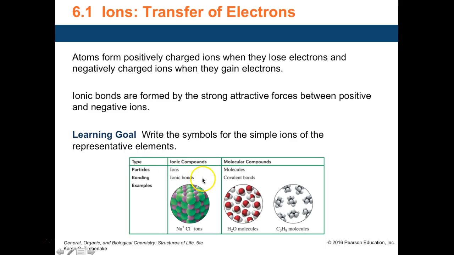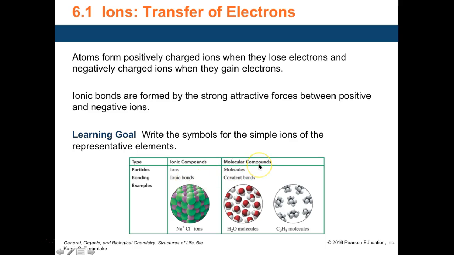You have a picture here showing an ionic compound like NaCl, and what's holding the Na plus and the Cl minus together is that strong attraction between opposite charges. That's called the ionic bond.